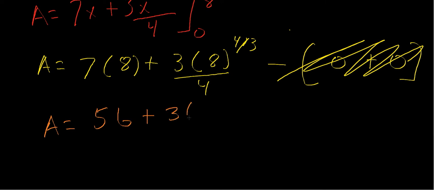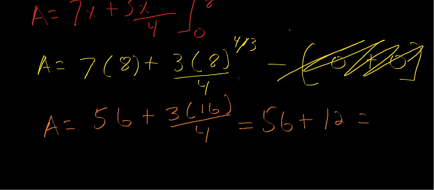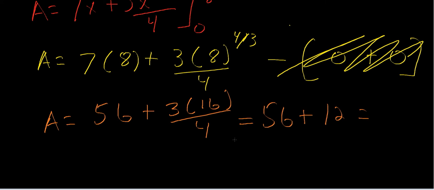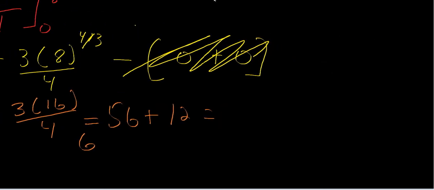So we get 3 times 16 over 4 equals 56 plus 12, equals, oh, I ran out of room. Alright, equals 68. Our area equals 68.